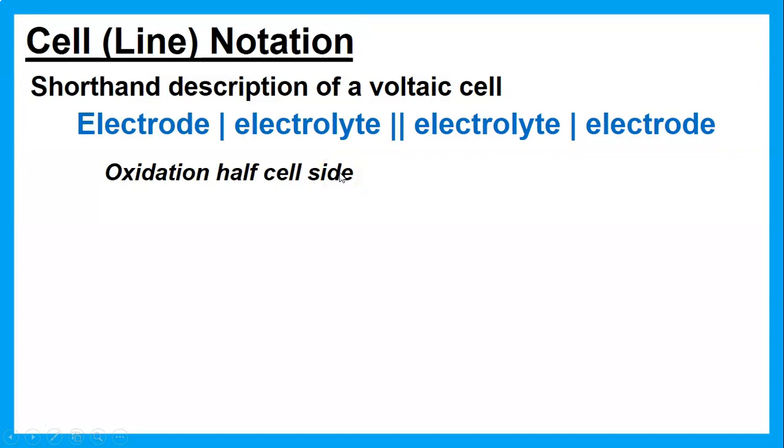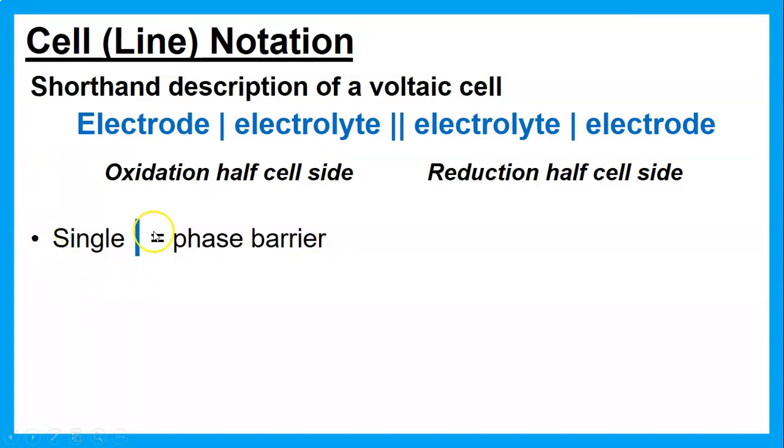You got to lose the electrons first, and then something else can gain them. The single line is just representing what we call a phase barrier. Like you have a solid electrode inside your aqueous electrolyte.